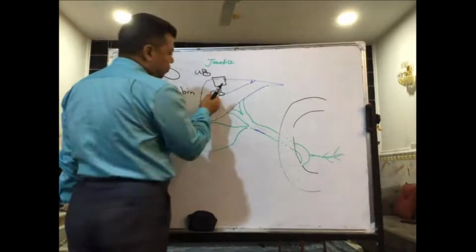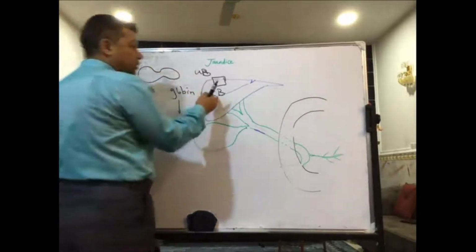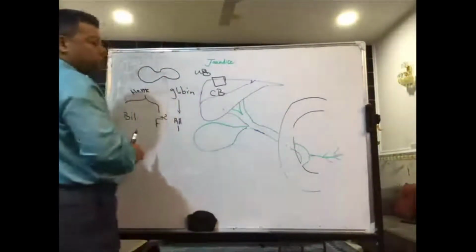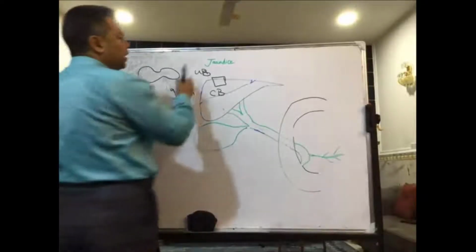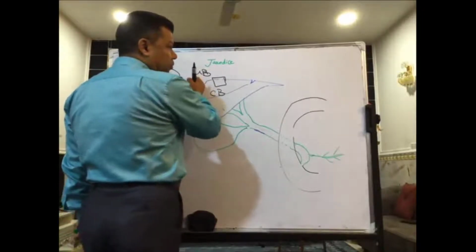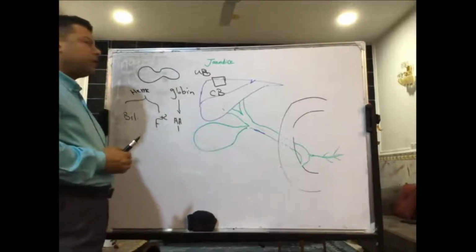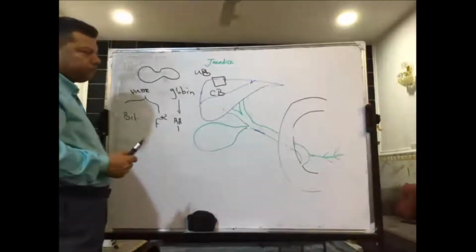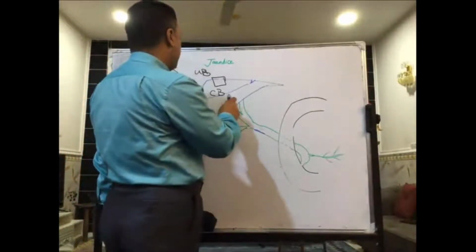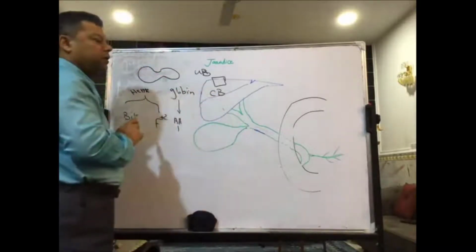This is the water-soluble fraction, and it is excreted in urine through the kidney because it is water-soluble, and this one cannot be excreted through the kidney because it is the fat-soluble fraction. This is the normal pathway, and this happens extravascularly.